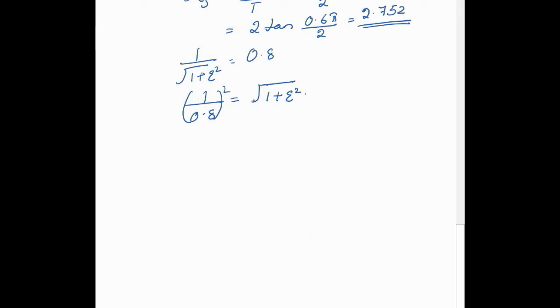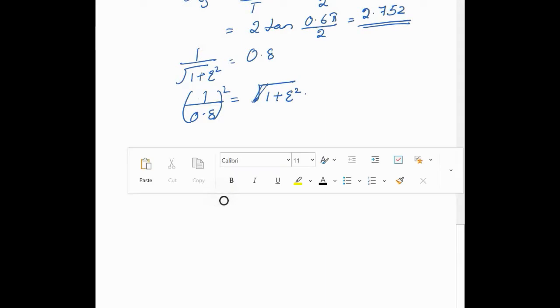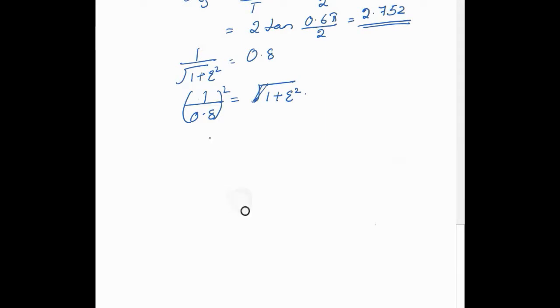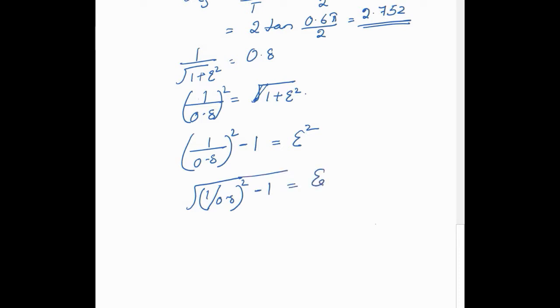Now this will be cancelled. Then you will get 1 by 0.8 the whole square. Taking the 1 across, minus 1 is equal to epsilon square. Taking the square root, root of 1 by 0.8 the whole square minus 1 is equal to epsilon, and that you will get as your epsilon value.